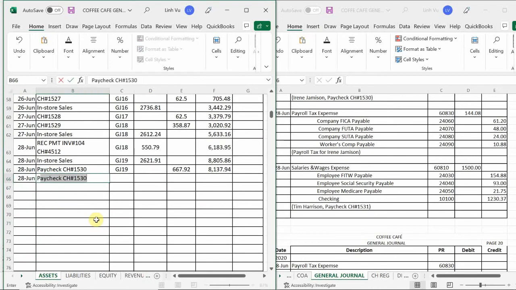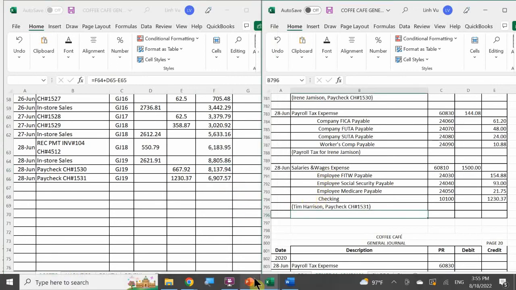Paycheck, it's on page 19, and then it's 12/30/37. So our balance now is $6,907.57. Good.